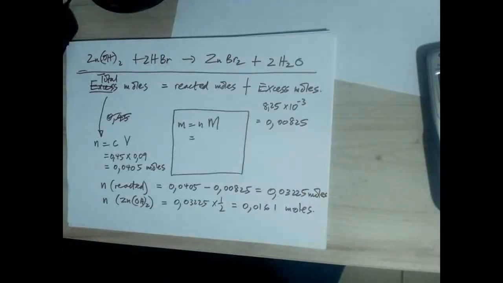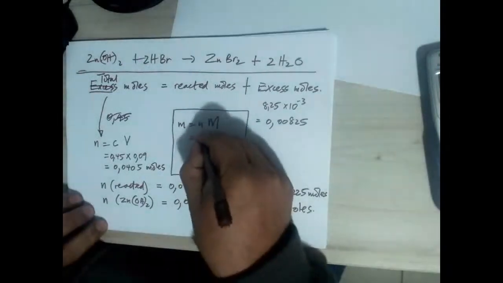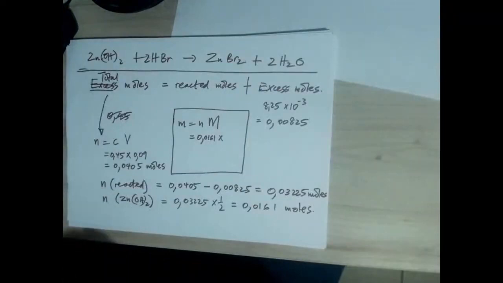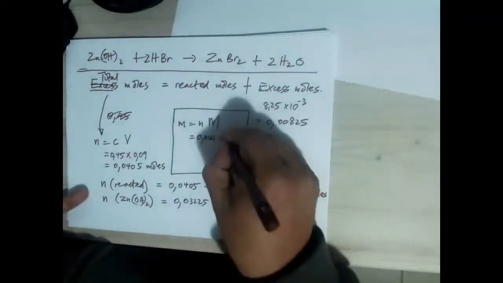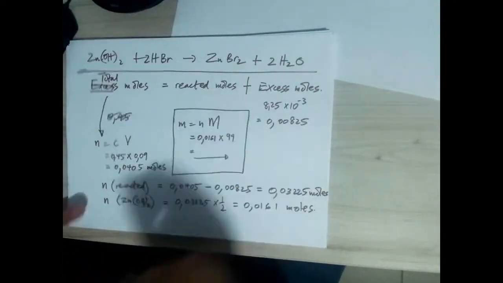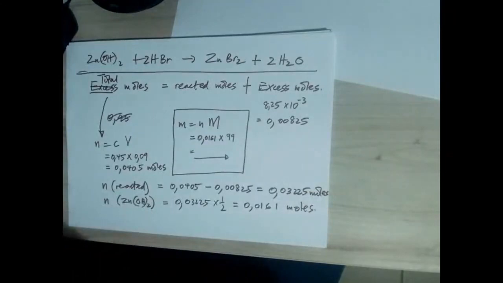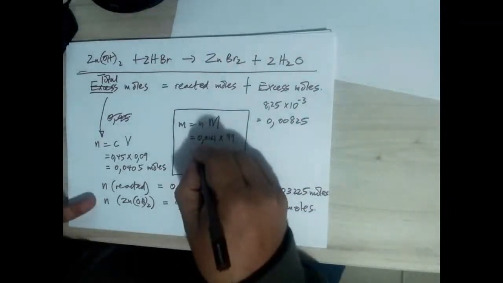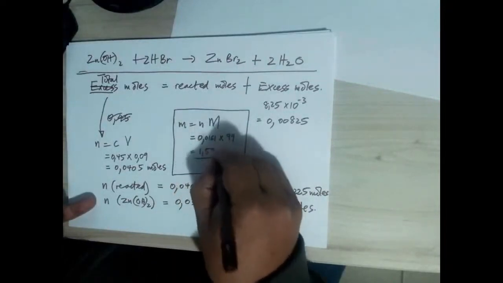And now that we know that the mass of zinc is 65, the number of moles is 0,0161 multiplied by, and I add them all up, 65 plus 34 is equal to 99, and the mass is 1,59 grams.